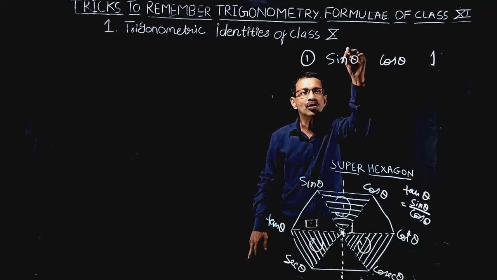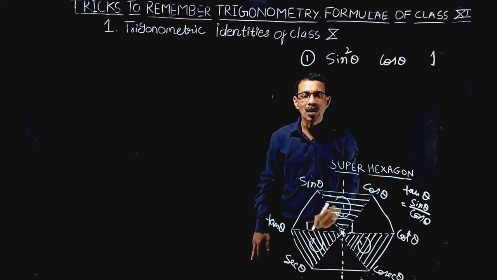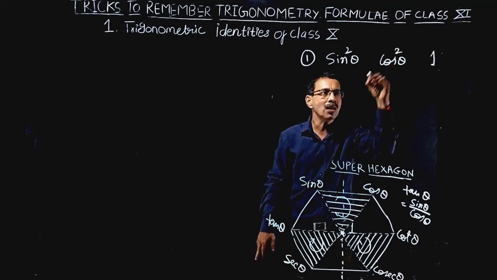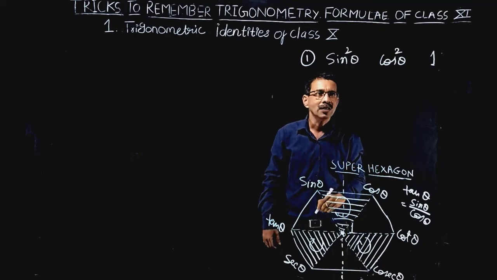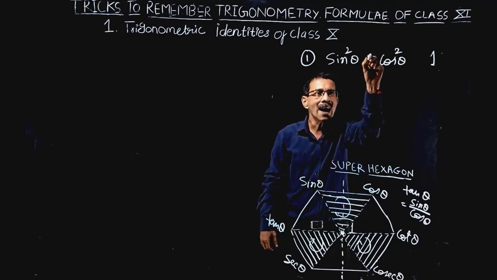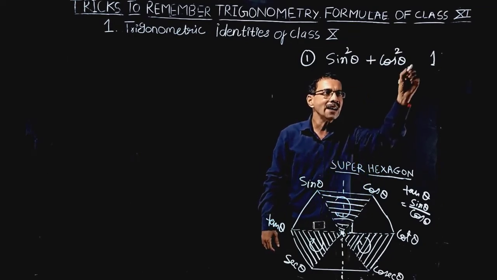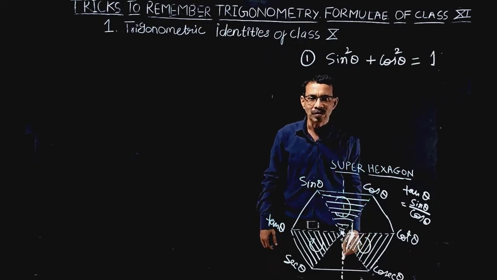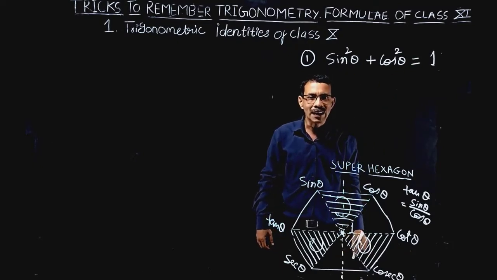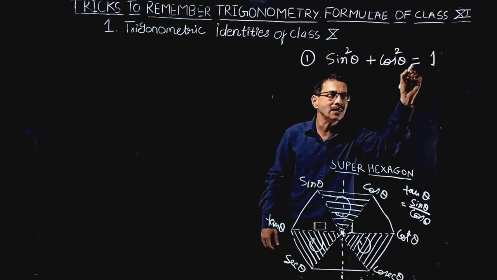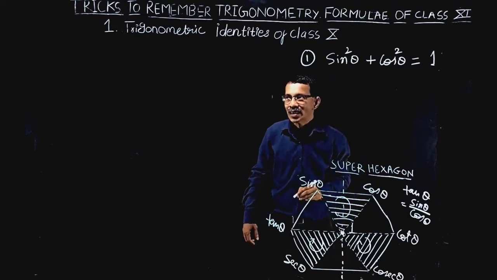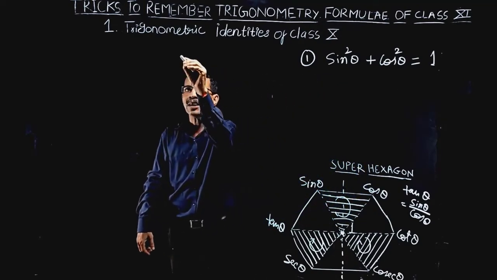Then what I will do is square all this. So this will become sin square theta, this will become cos square theta, and square of 1 remains 1 only. Then next, I will add the first 2 terms and equate it to the third one. So my trigonometric identity from the super hexagon I can get as sin square theta plus cos square theta is equal to 1. Let us see the second trigonometric identity.